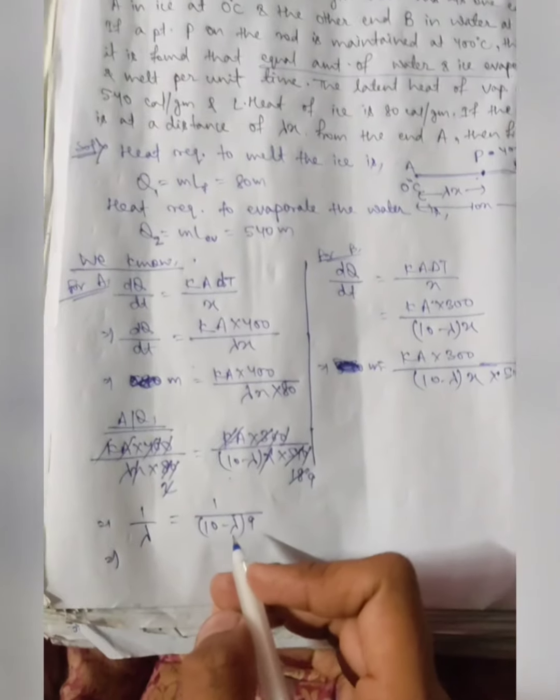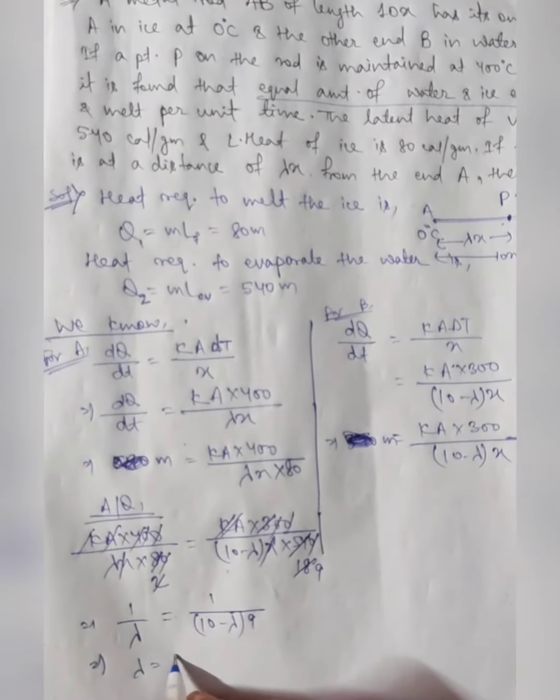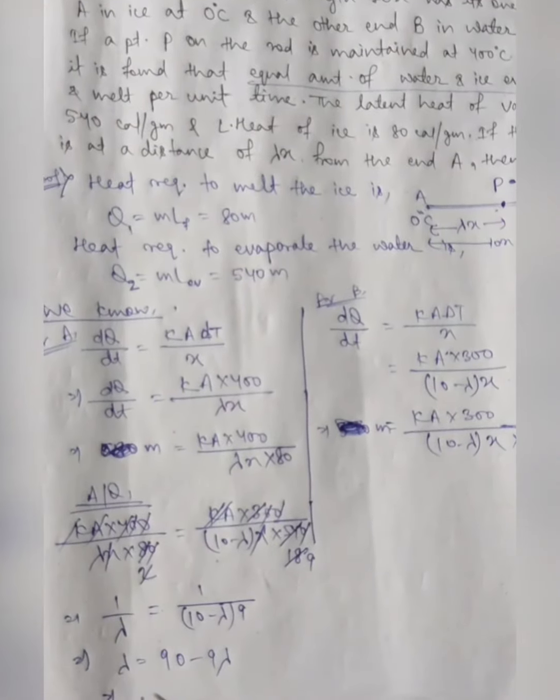So cross multiplying, we get 9 lambda equals 10 minus lambda, so lambda equals 9. It is our answer. Thank you.